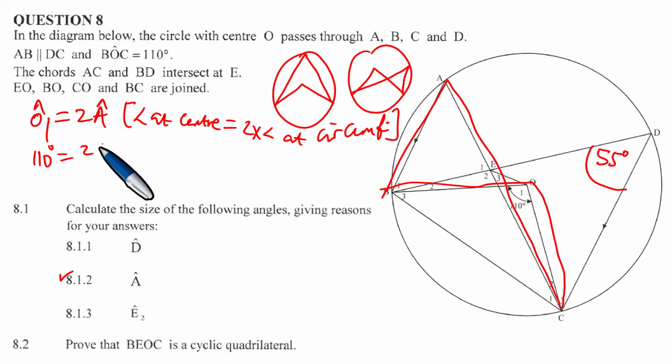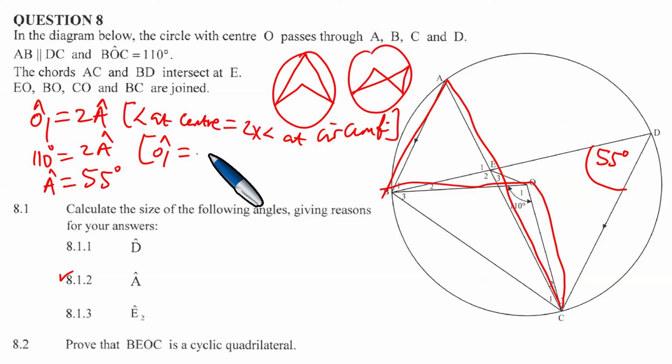So 110 degrees is twice A, and therefore the angle A itself is equal to 55 degrees as well. Here we are replacing the angle O1 by 110. So tell the examiner, Miss Examiner, angle O1 is 110 degrees. Why? Because it was given that way.